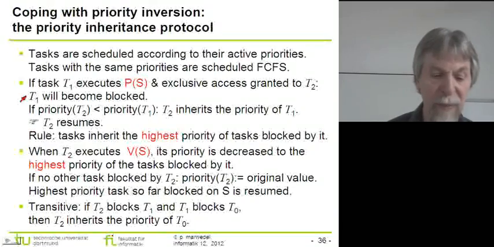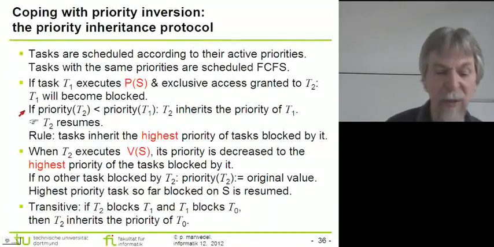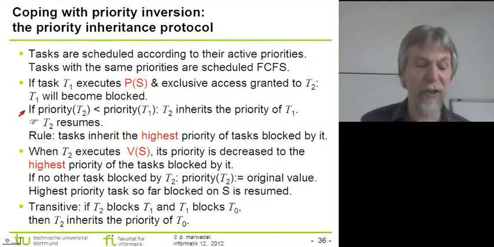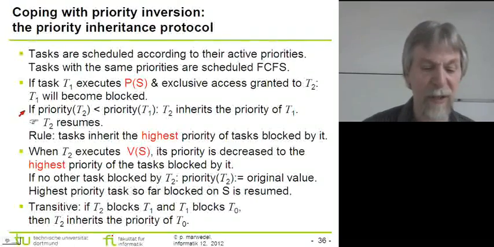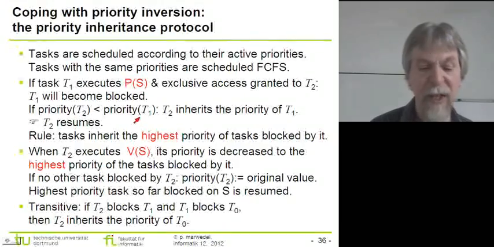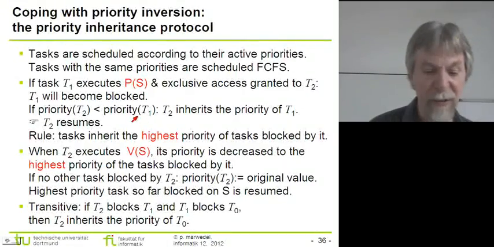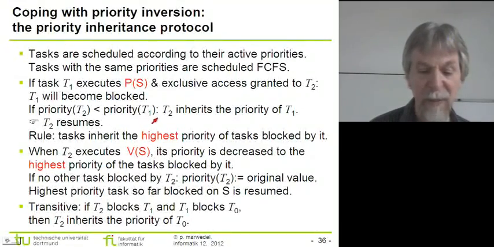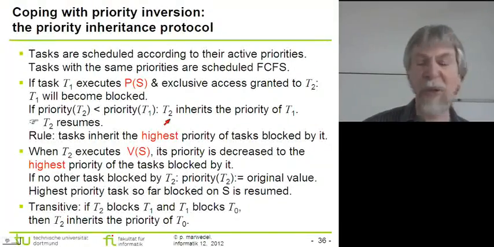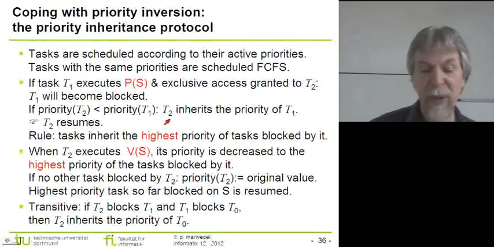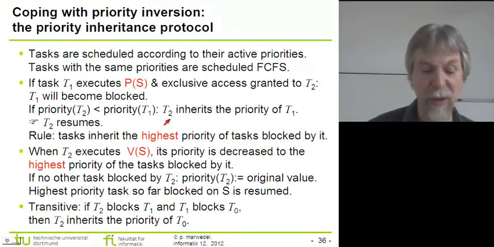That's the normal way. However, if we observe that the priority of the task that is having access to that resource is less than the priority of the task that has a higher priority, in such a situation, the task with the lower priority will inherit the priority of the task with the higher priority.